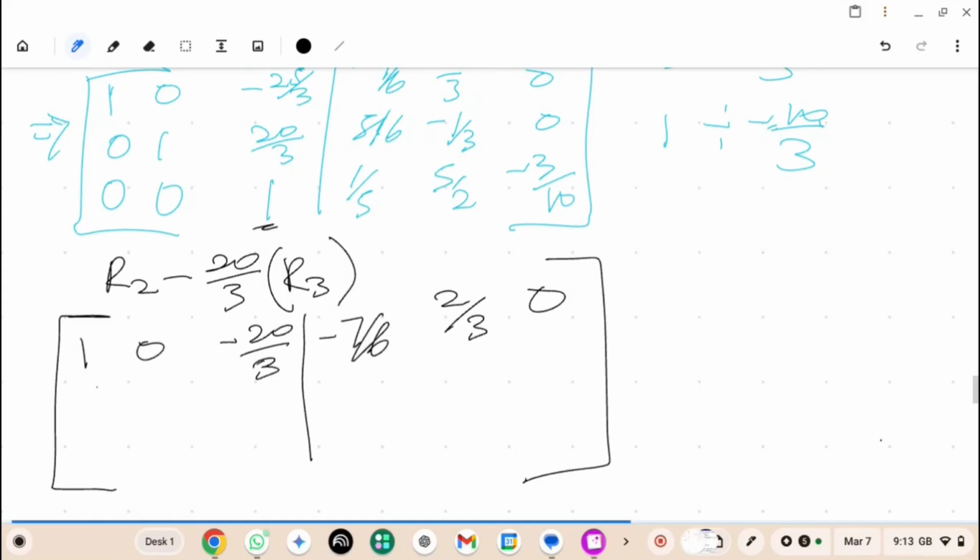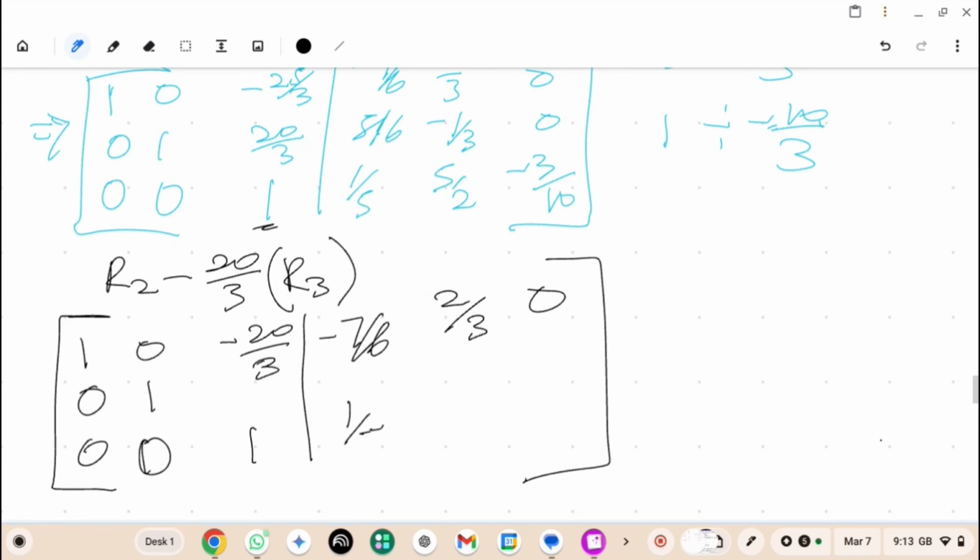We have 0 here. We have 1. No, we are working on this one. Okay, so let's keep that one and then write the root 3. We have 0 here. We have 0 here. We have 1. We have 1 on 5. We have 5 on 2. We have minus 3 on 10.